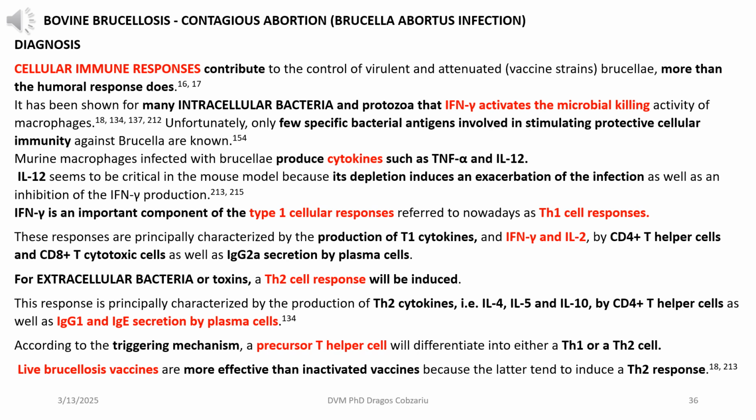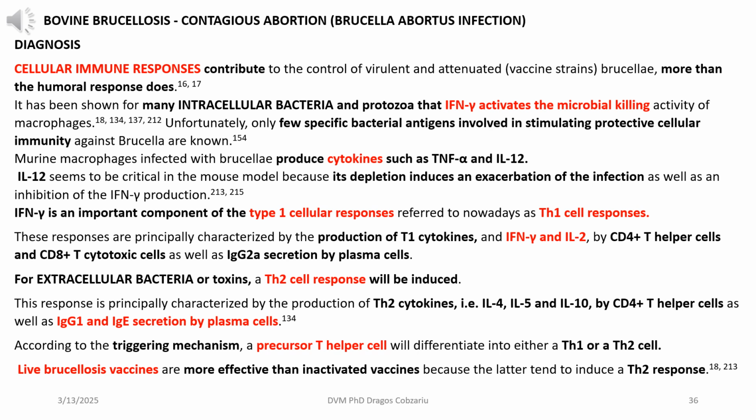IL-12 seems to be critical in the mouse model because its depletion induces an exacerbation of the infection as well as an inhibition of the IFN gamma production. IFN gamma is an important component of the type 1 cellular responses, referred to nowadays as Th1 cell responses. These responses are principally characterized by the production of Th1 cytokines, IFN gamma and IL-2, by CD4 plus T helper cells and CD8 plus T cytotoxic cells, as well as IgG2a secretion by plasma cells.